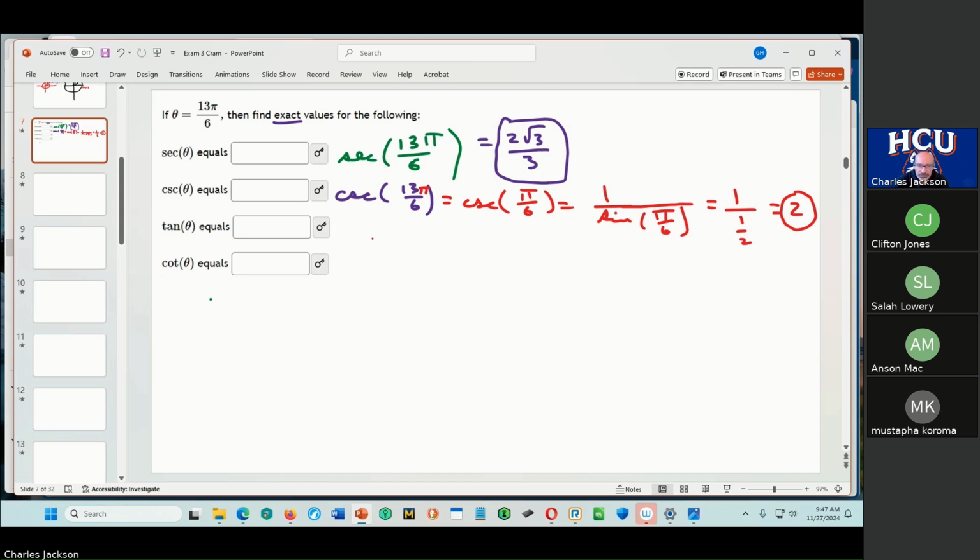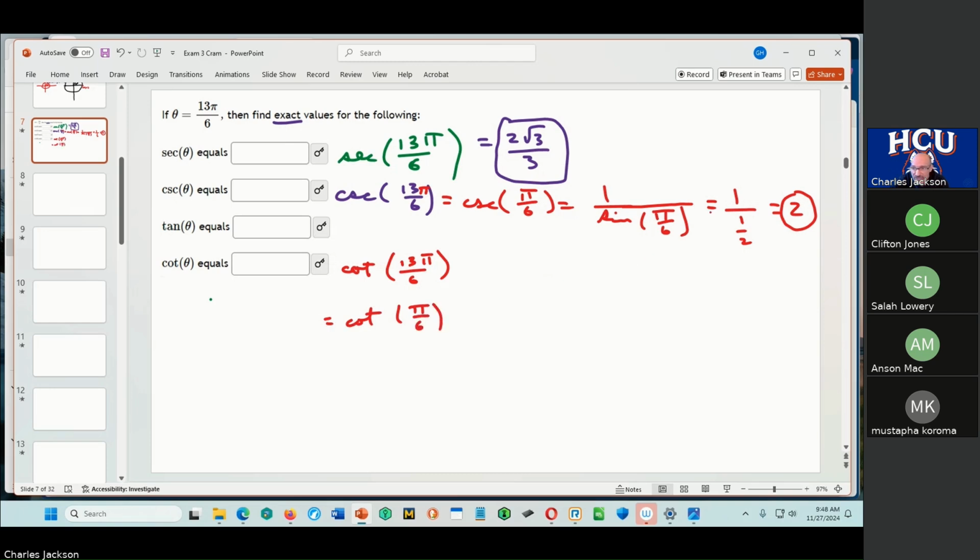Tangent 13 pi over 6 is equal to the cotangent of pi over 6.